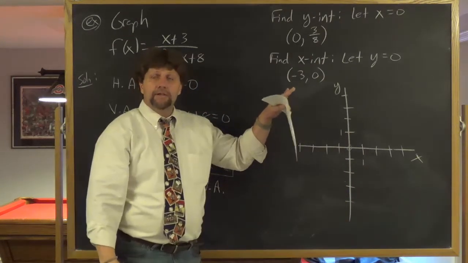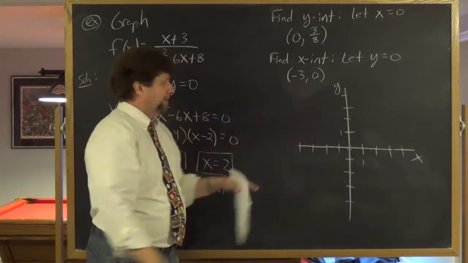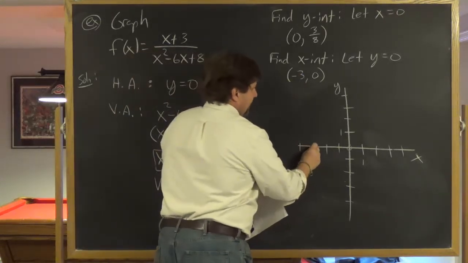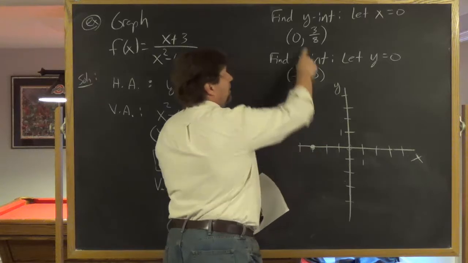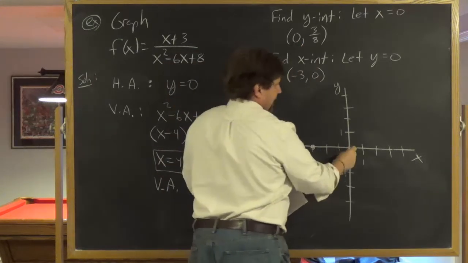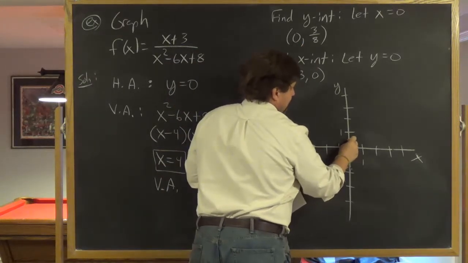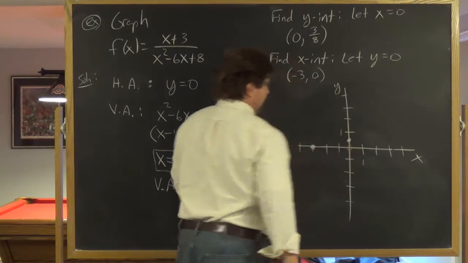And, hey, let's plot our intercepts while they're right here in front of my face. So we have an x-intercept at (-3, 0), a y-intercept at (0, 3/8). So I'm going to say, that's about right there.